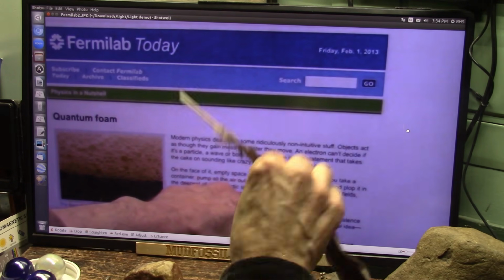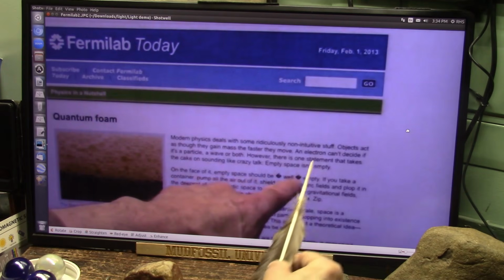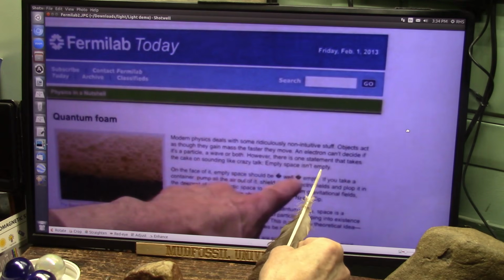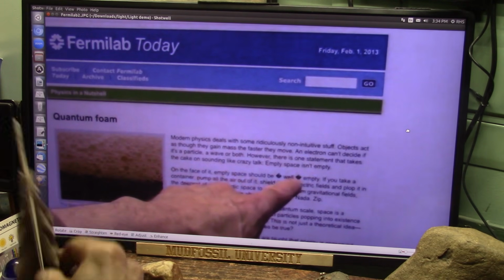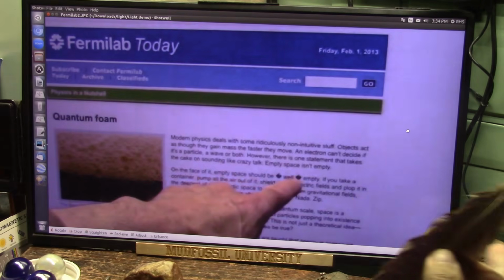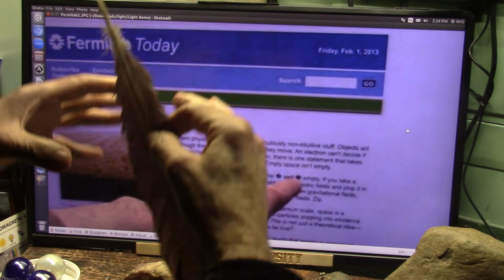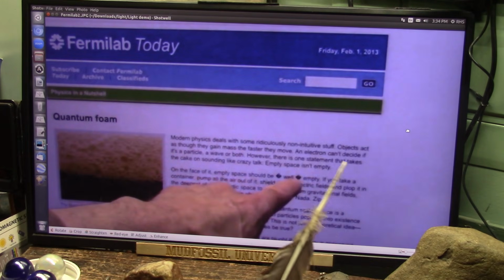See, he was almost exactly right. This was from February 2013. Empty space isn't empty. He called it quantum foam. It was like the head of a bubbling root beer, and I don't disagree with that at all. Those are all fields. They're fields that are interacting with each other. I agree with that 100%.